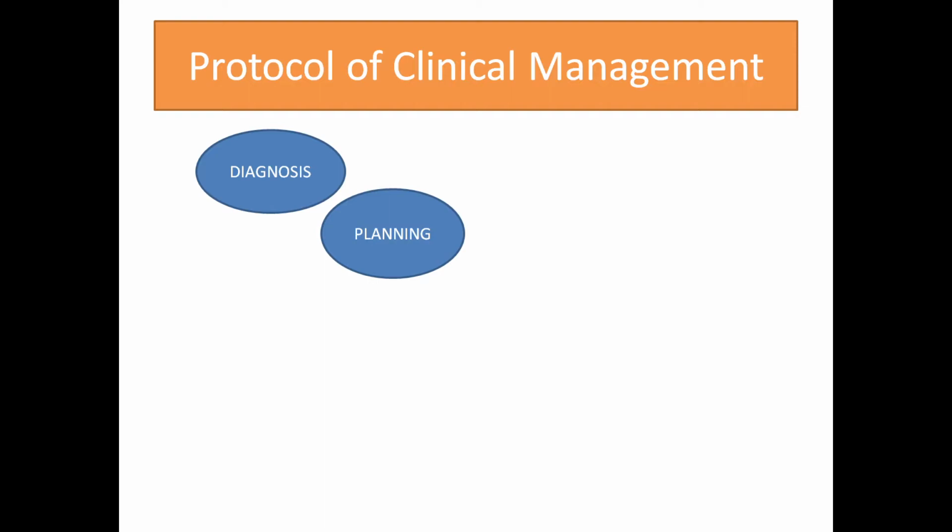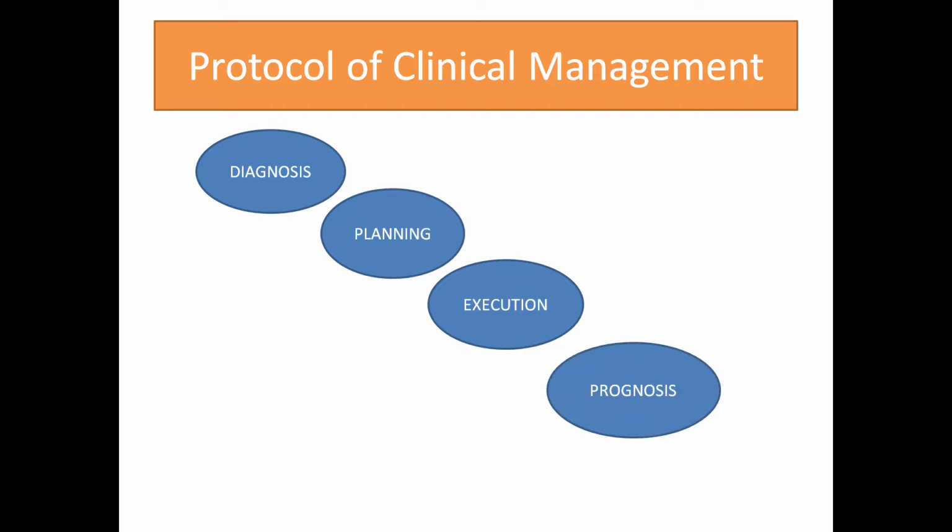Here your skill to decide is important. Then executing needs your technical skills and expertise, and then prognosis. Before rendering the treatment, you should know the outcome of the treatment.